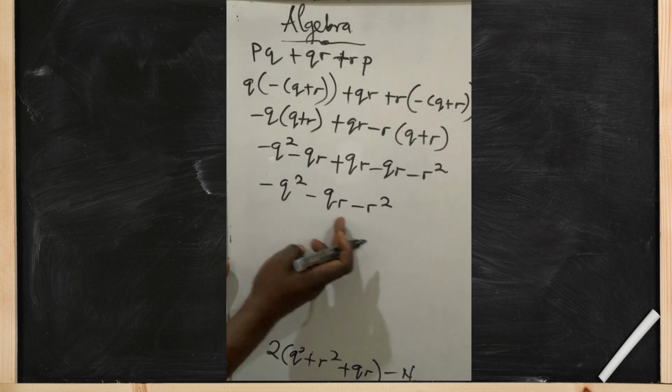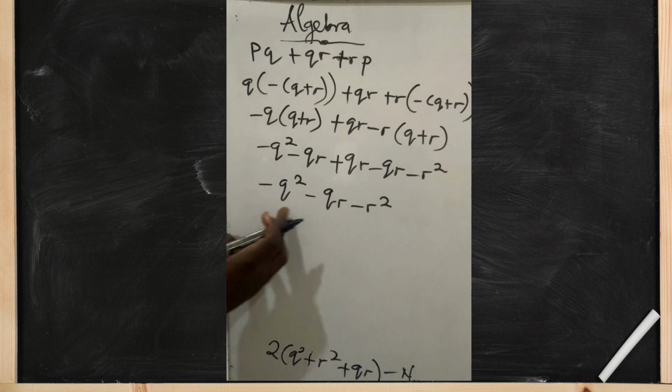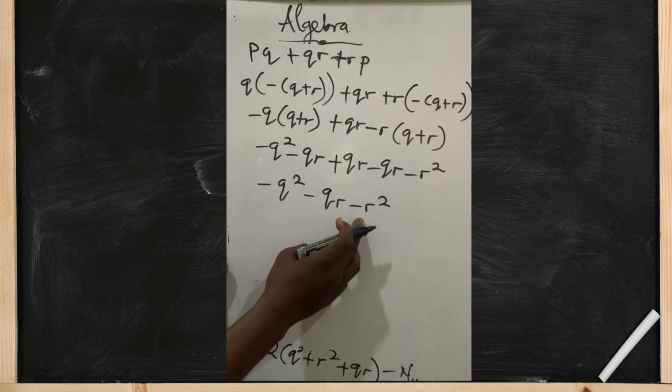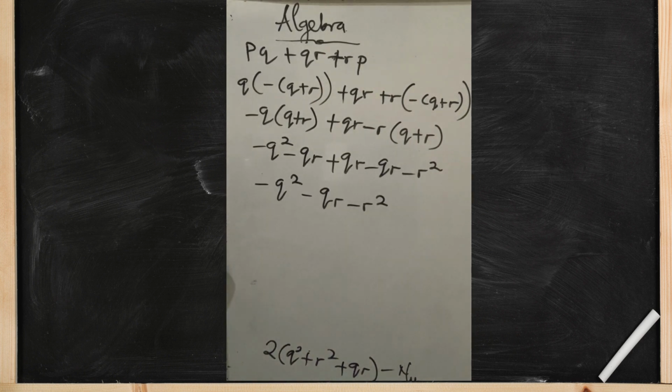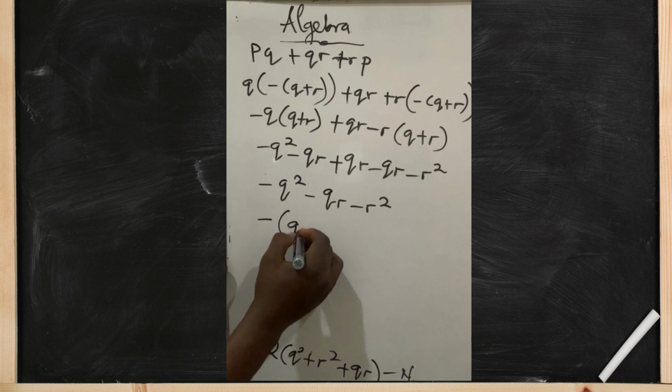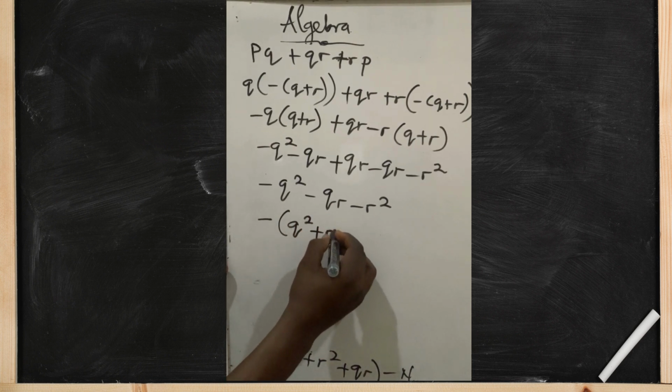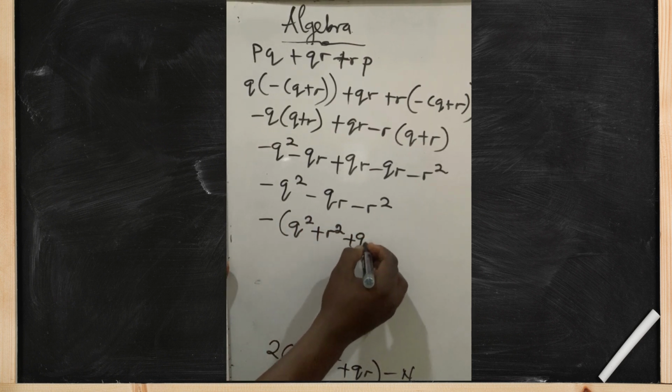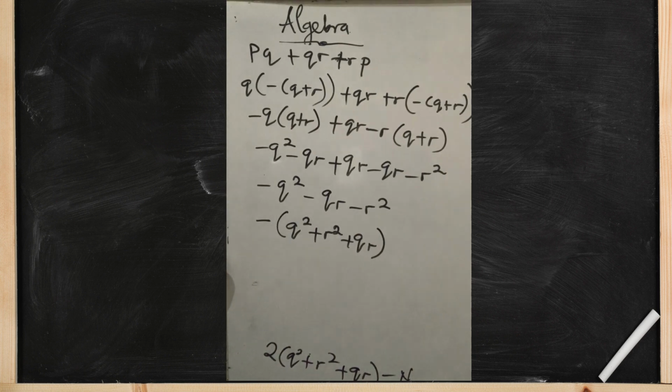We can easily factorize out minus, since minus is common in between them. The second thing we can do is to rearrange it to meet up with this, since it is like that. So we can say minus outside Q square plus R square plus QR. So the denominator gives us this.